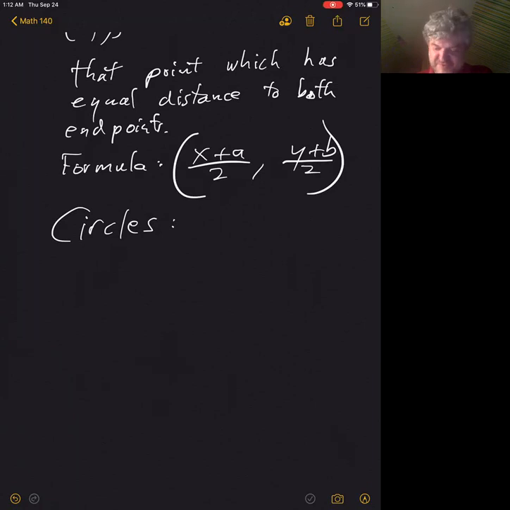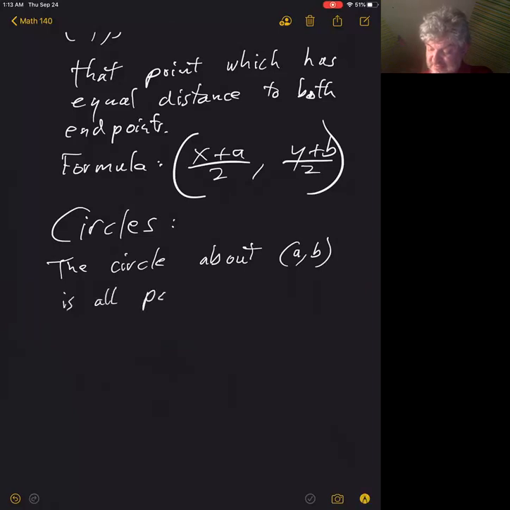But geometrically, of course, let's start with the geometry. A circle, the circle about point a comma b, that is all points with fixed distance r from that point.